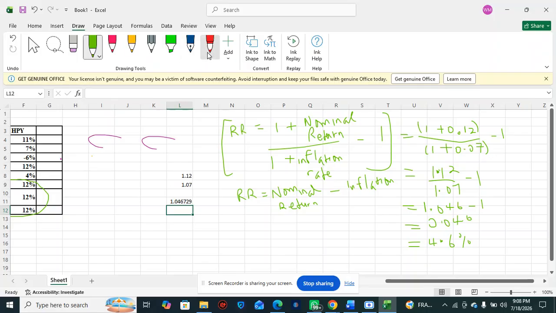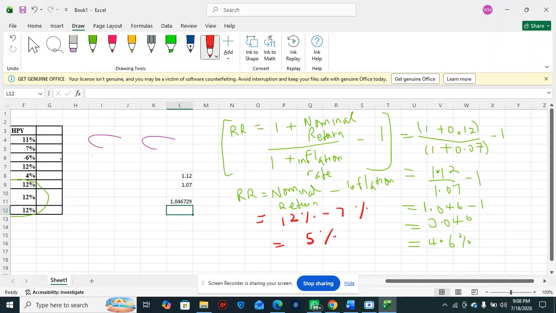If we use the generalized formula, the nominal return is 12% and the inflation rate is 7%. 12% minus 7% is 5%.